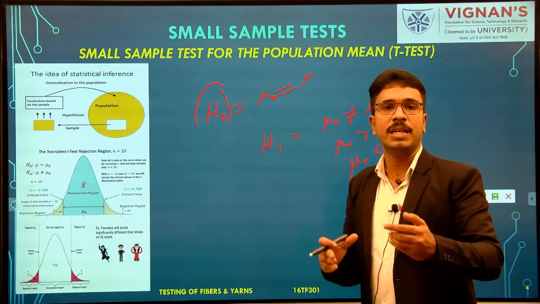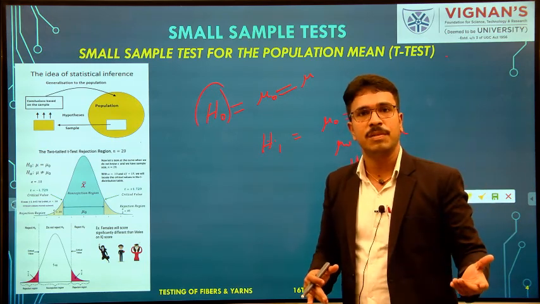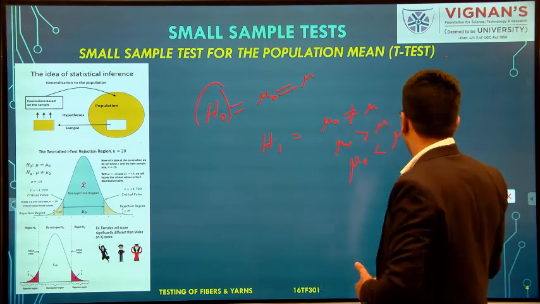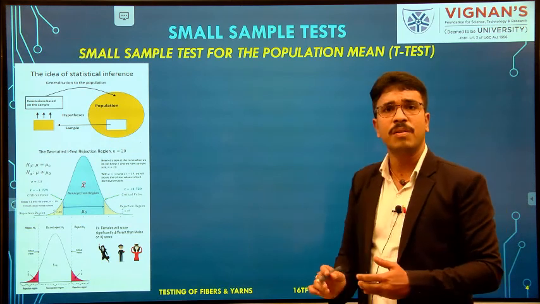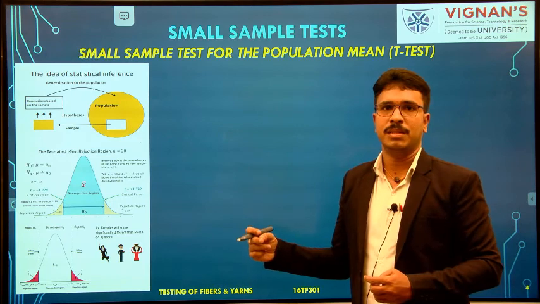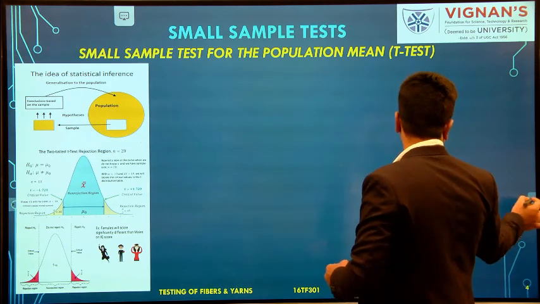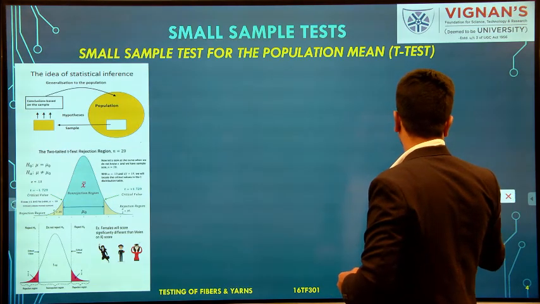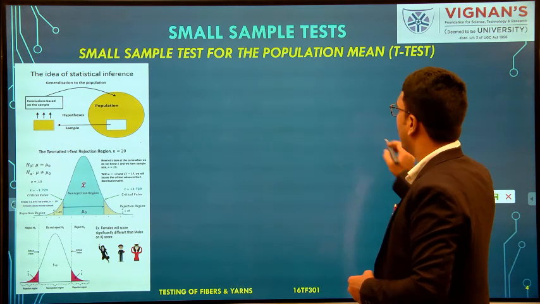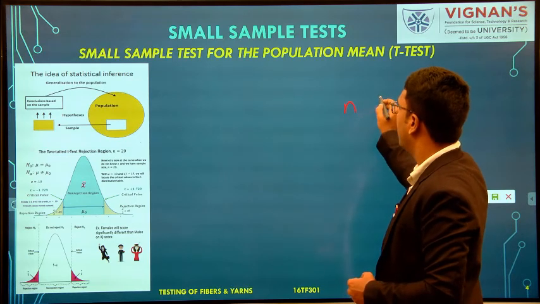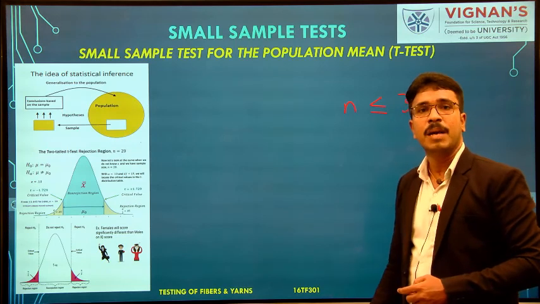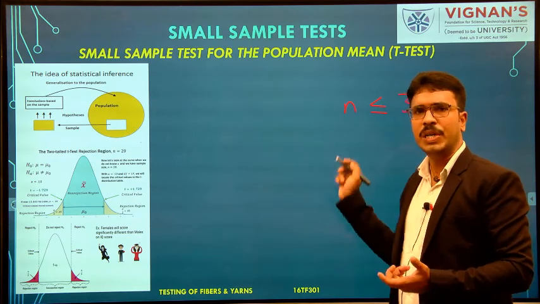Already you know the criteria how to proceed with the Z test. When it comes to T test, which is our today's topic, the main criteria is the sample size and then population mean. As I told you already, when it comes to this T test, the sample size should be less than or equal to 30.